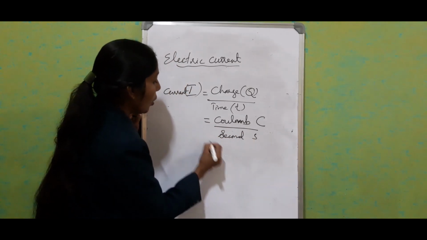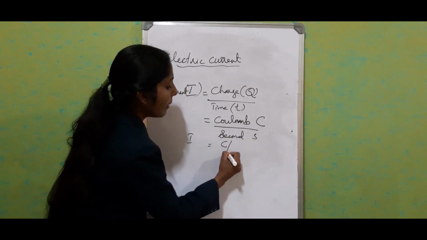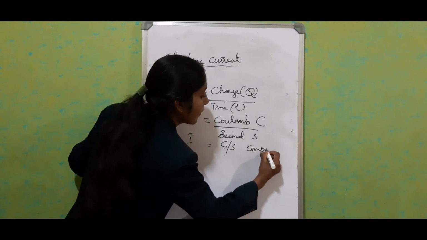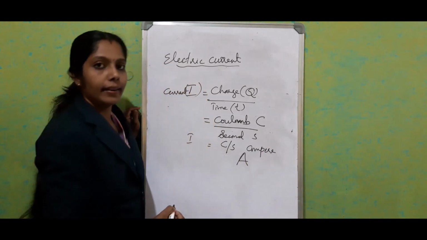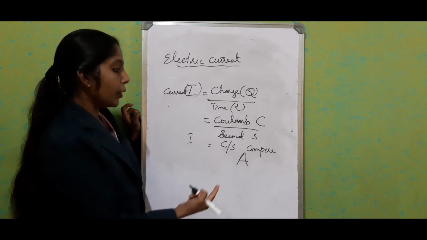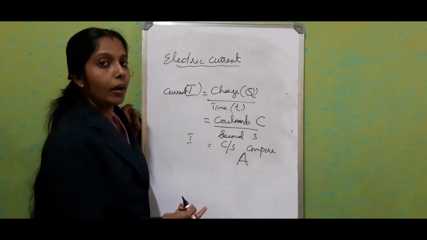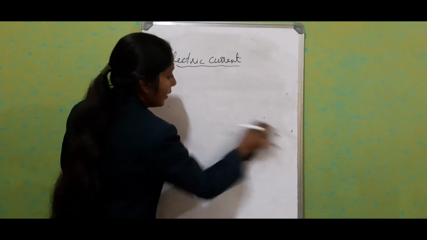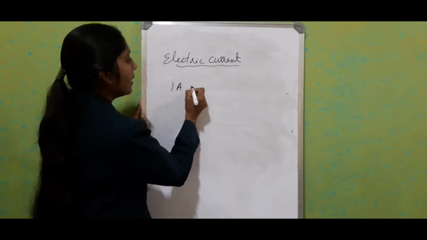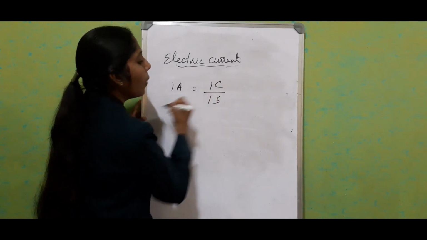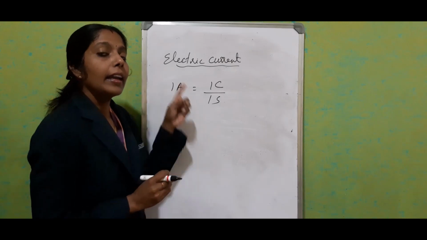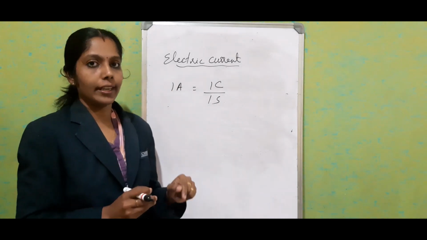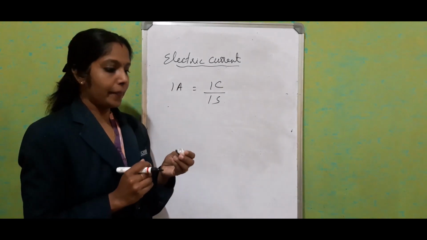So current is equal to coulomb per second, or we call it ampere, and we represent it with the capital letter A. If we consider 1 ampere equal to 1 coulomb divided by 1 second, we get 1 ampere if 1 coulomb of charge passes through a cross section in 1 second.